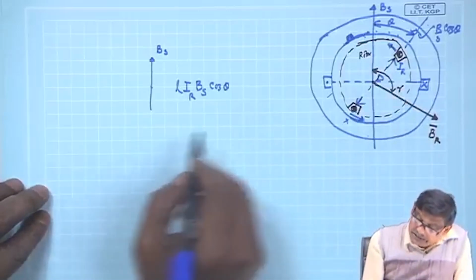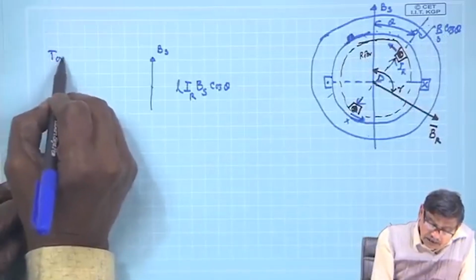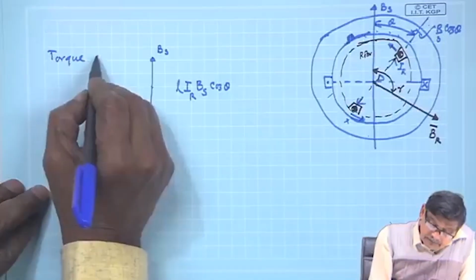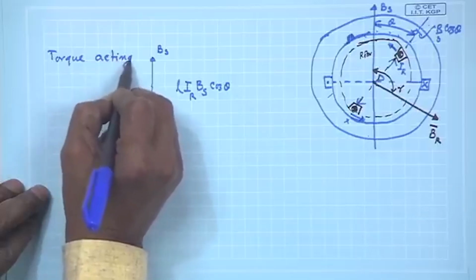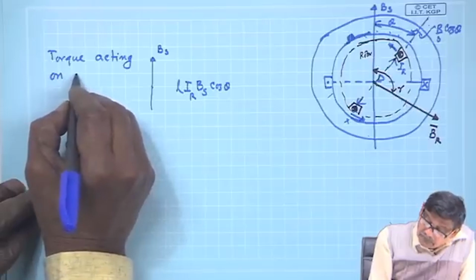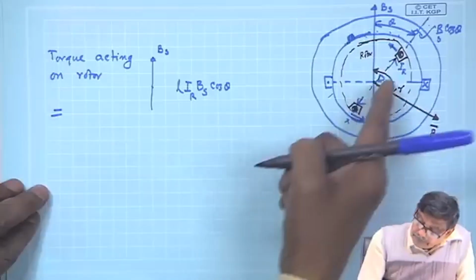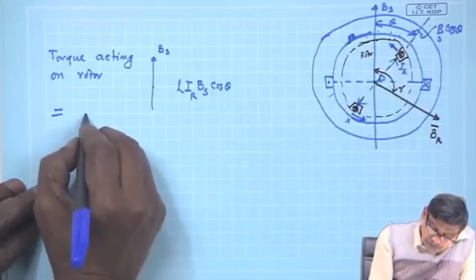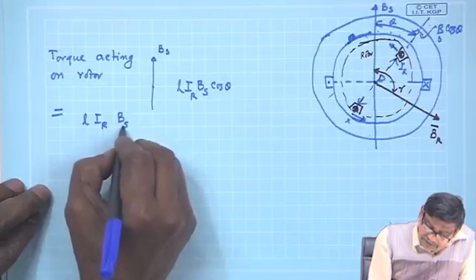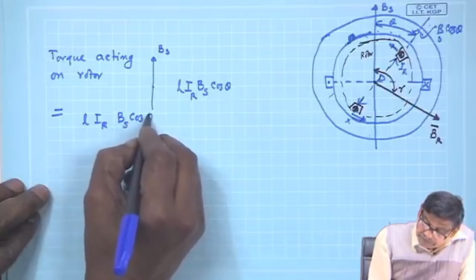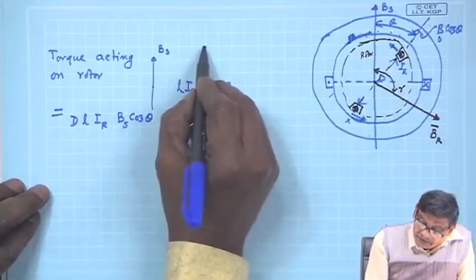Therefore, the coil torque or couple acting on the rotor will be the magnitude of the force, L IR Bs cos theta, into d, where d is equal to the diameter of the rotor.